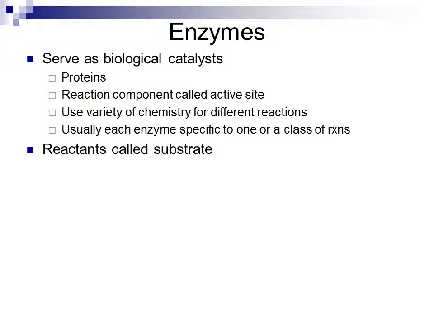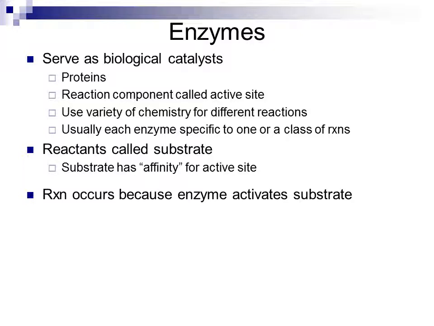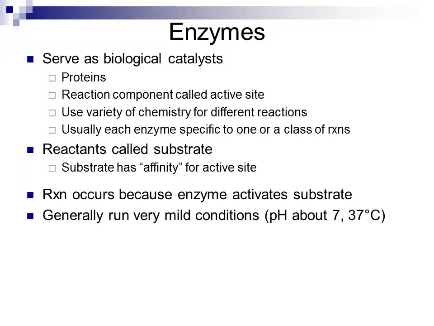In an enzyme, as before, the reactants are referred to as substrates. A substrate generally has an affinity or a liking for the active site of an enzyme. It has a chemical attraction to it. The reaction occurs because the enzyme will activate the substrate. Generally, enzymes are able to run in very mild conditions with pH about 7, 37 degrees Celsius body temperature.